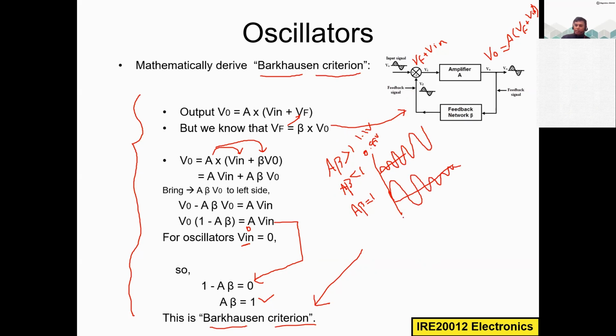But whenever A beta is equal to 1, the oscillation is not dying or getting more and more increased, it's stable. So we did the case analysis, and then based on it, we also derived this Barkhausen criterion mathematically. So just try to remember this.